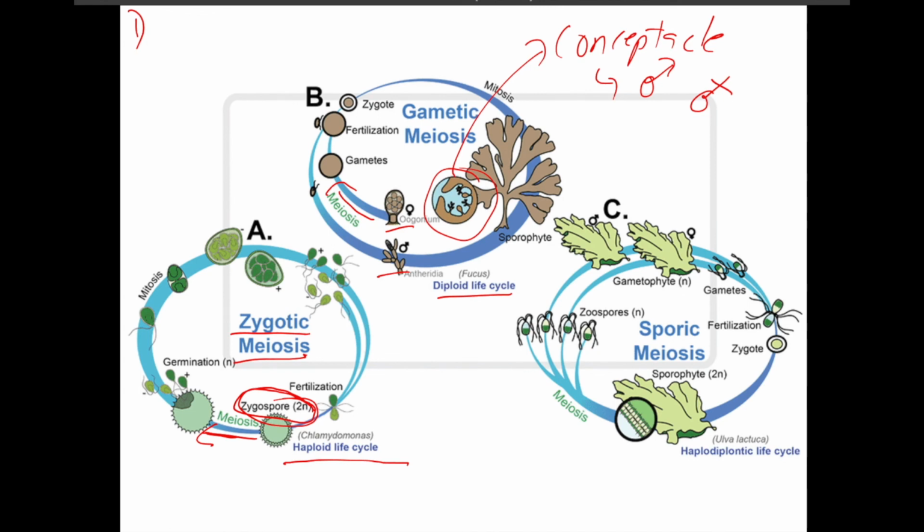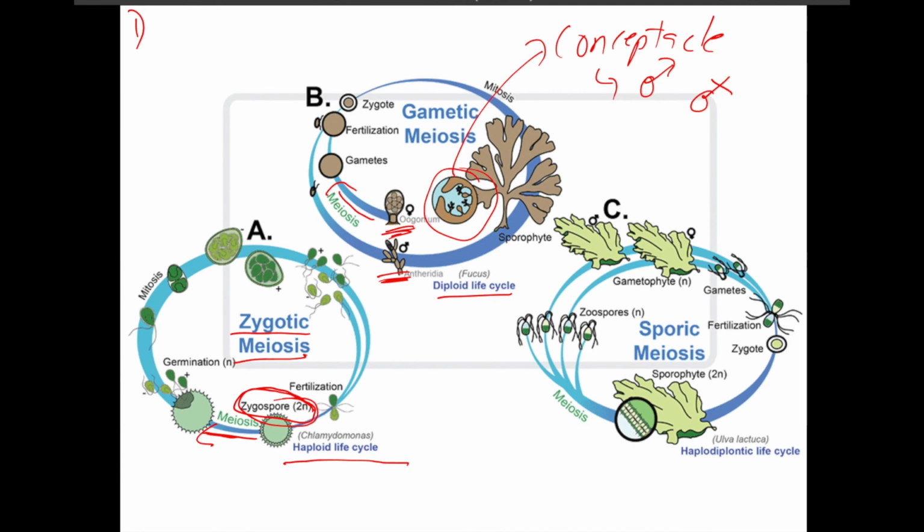Okay? So that's why it's called gametic meiosis, because you have the oogonium here and the antheridia right here, the spermatogonium and the oogonium right here that was already formed. No? It's kind of like the gametes that are already formed. Okay, in that part of the conceptacle.